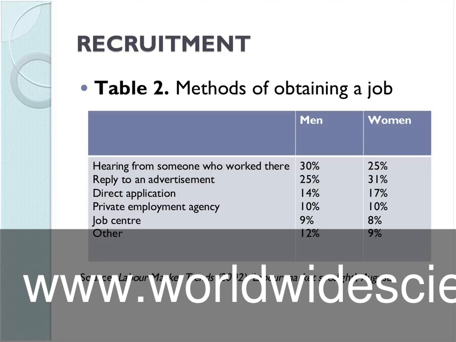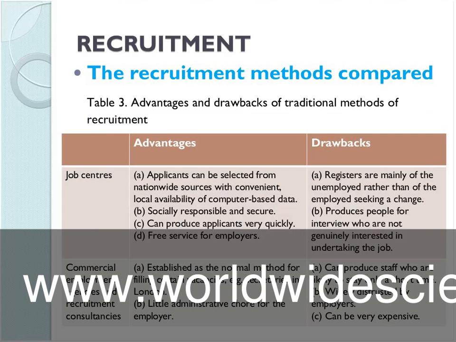So let's move to the next one. Here are the recruitment methods compared. So we can see the main methods of recruitment and their advantages and disadvantages, drawbacks actually. So job centers, you can see the advantages: the applicants can be selected from nationwide sources with the convenient local availability of computer-based data.